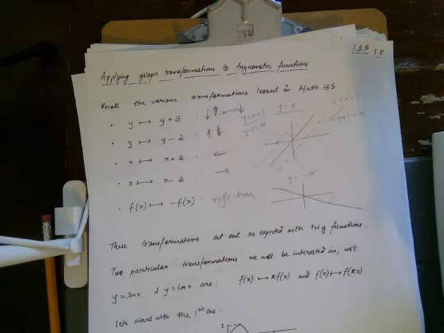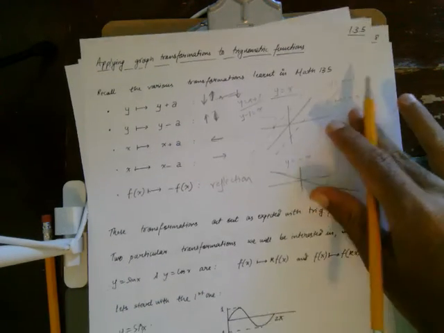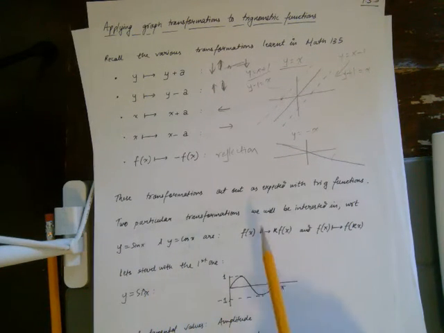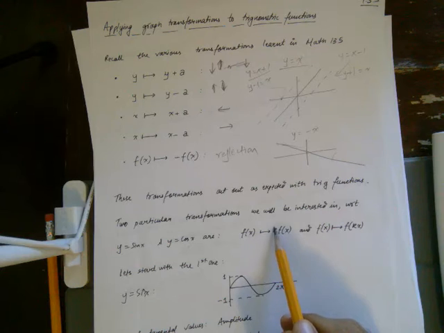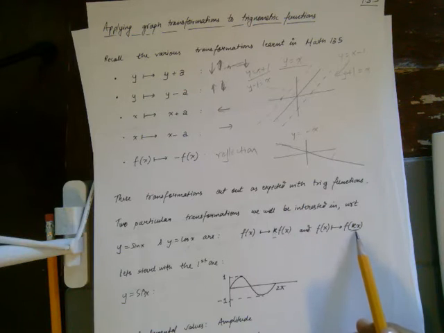Now in case of trigonometric functions, you can obviously apply these transformations, but there are other kinds of transformations which are specific to periodic functions. So the two particular transformations with respect to sine and cosine are: you take the function and multiply it by a number, and you take the function and multiply the input by a number.